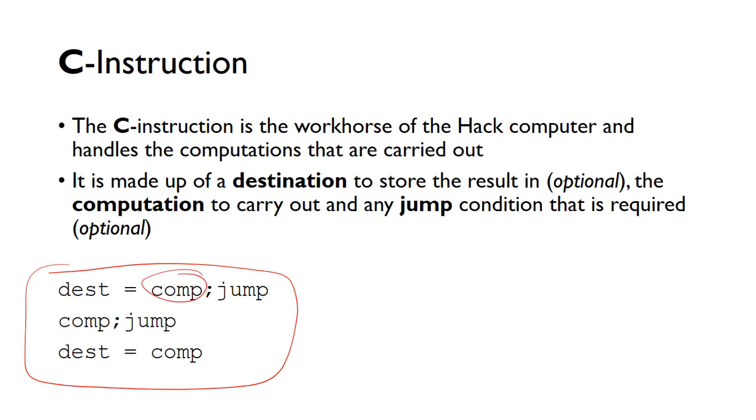Each one of them contains a computation, so the ALU is always going to do something, but the destination and jump fields are optional. So it gives us these different forms of instruction, but they're all made up of some destination, a computation, and a jump.